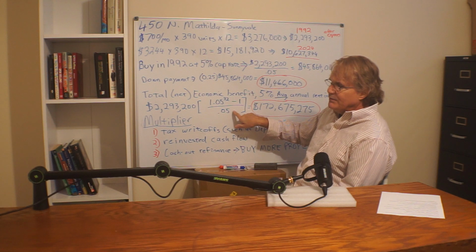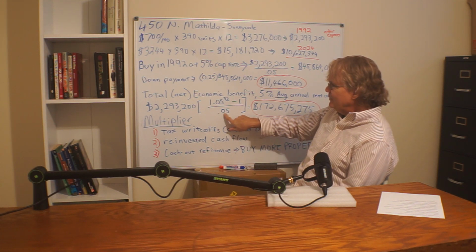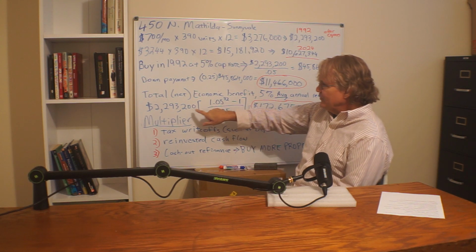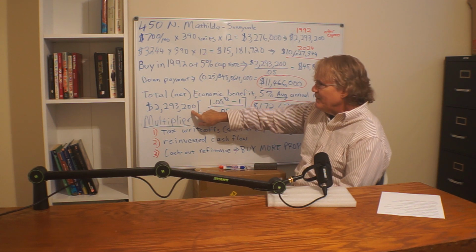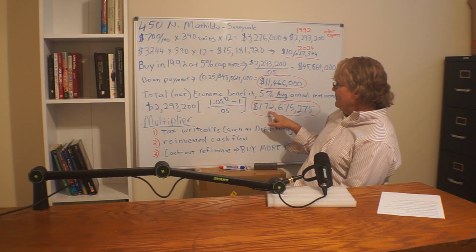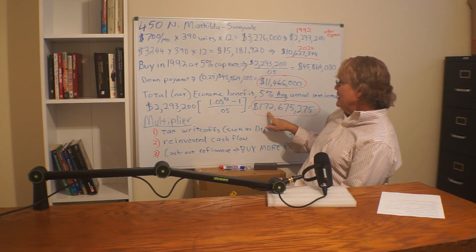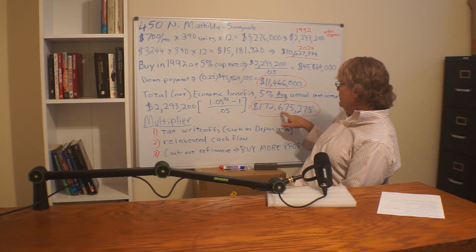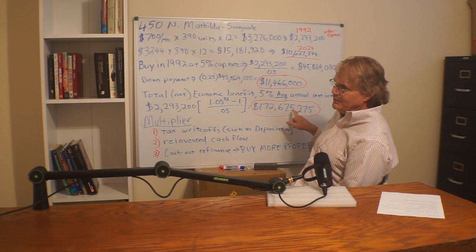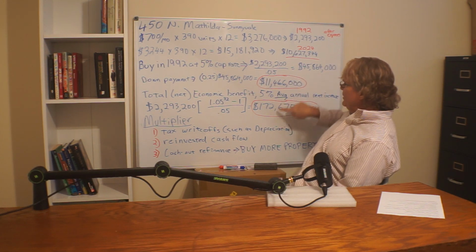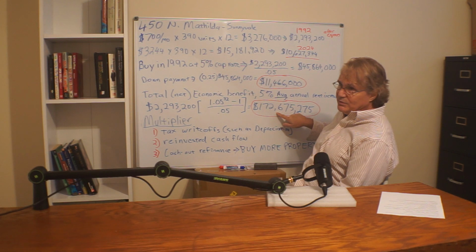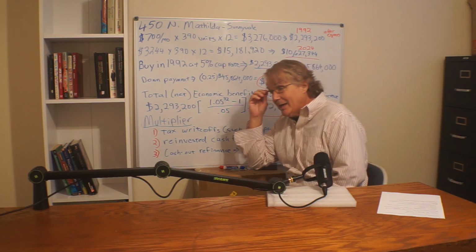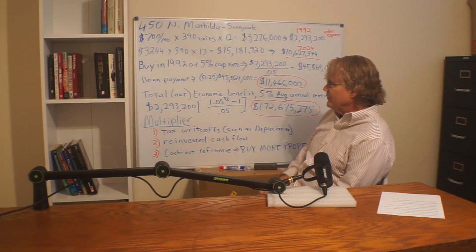So in the future value of the annuity formula, I used 5% through 32 years of ownership with a starting net operating income of that. And the accumulated net economic benefit through time, the total was $172,675,275. So this was the investment, and this is the net economic benefit through time. If you do the math, you'll see that that's about a 9% return annually through those years.